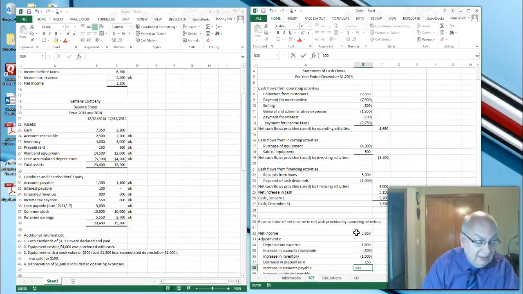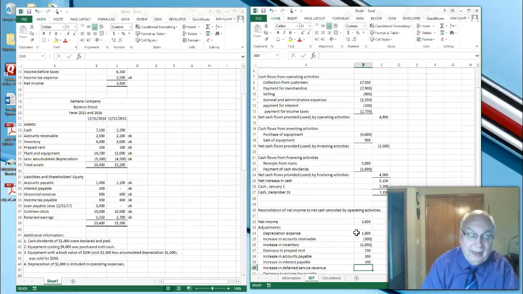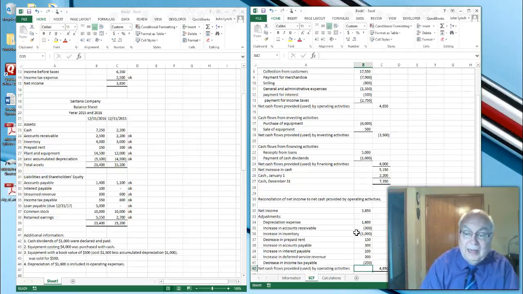Accounts payable went up, so you kept the cash. Interest payable went up, so you kept the cash. Your unearned revenue increased. And then you have a decrease in your taxes payable.